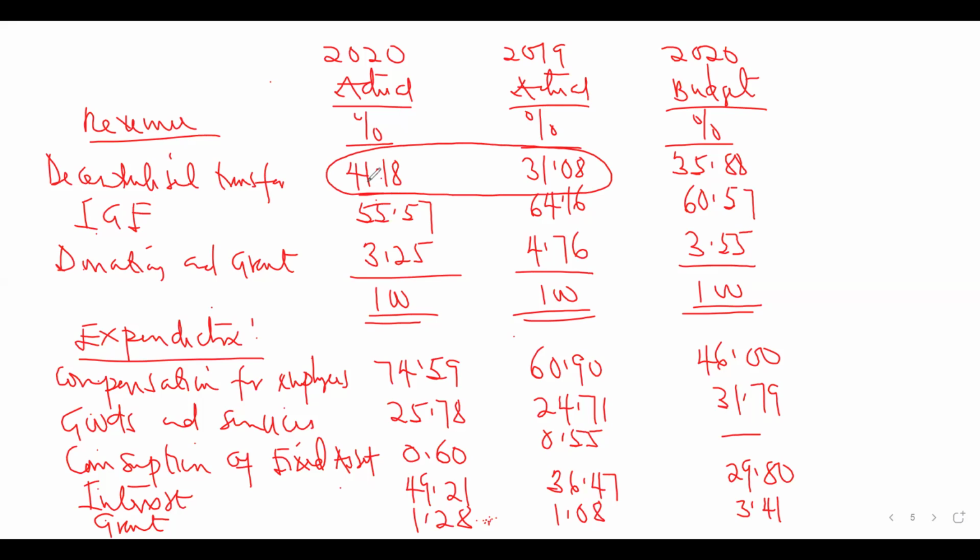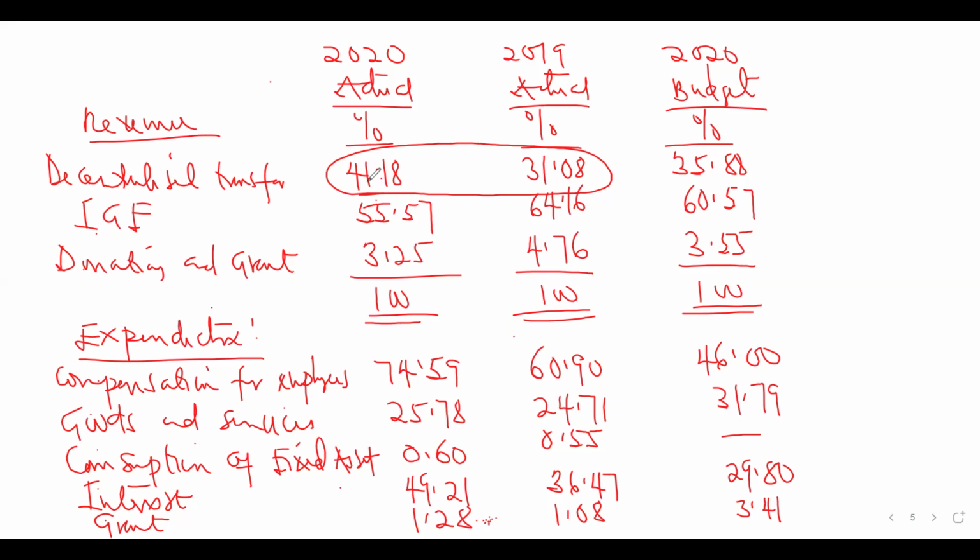So in the year 2020, the decentralized transfer forms 41.18% of the total revenue, the second highest source of revenue to the district assembly, as against 31.08% in 2019.